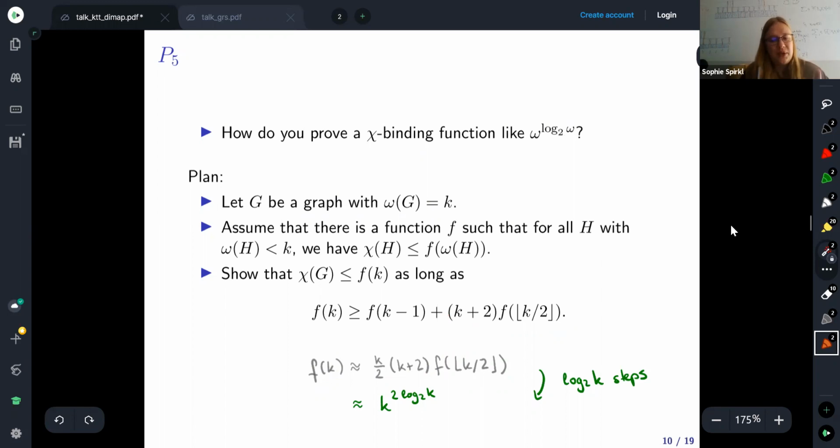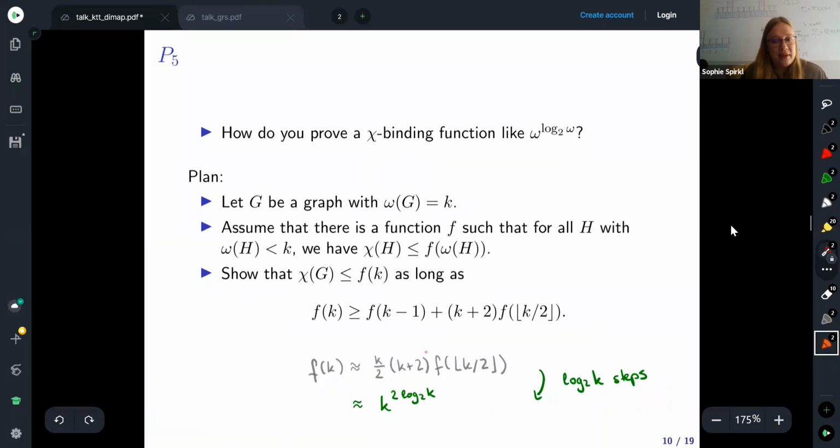And now let's look at this recursion, and to go from k over 2 to a constant, we need to go to half the previous number a logarithmic number of times. So by applying this recursion repeatedly, we get this to be f of 1, or probably f of 2 is more reasonable.